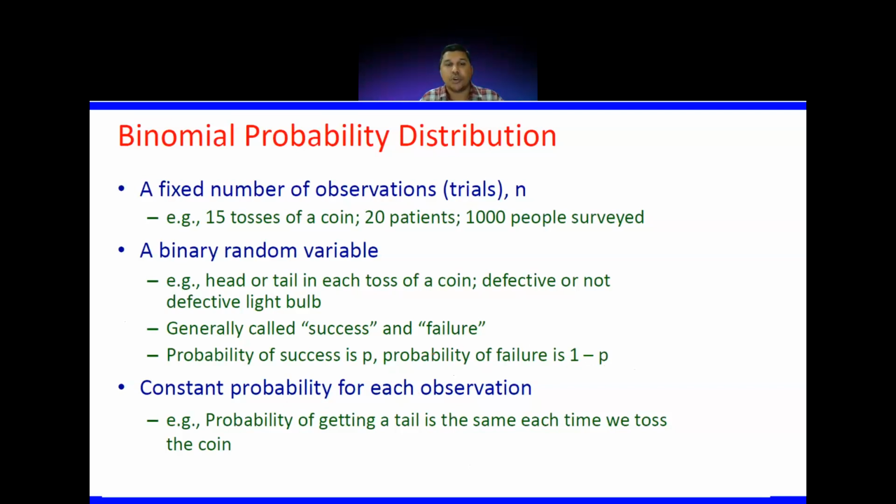We know each observation will have a constant output. Like the probability of getting a tail is the same each time we toss the coin. If I toss a coin N number of times, the probability of getting a tail is always 1 by 2. It does not change.